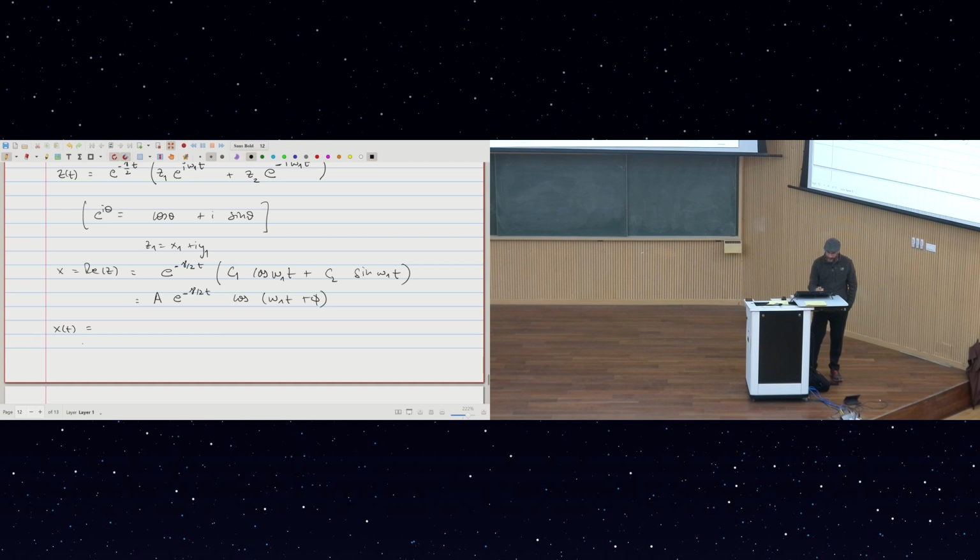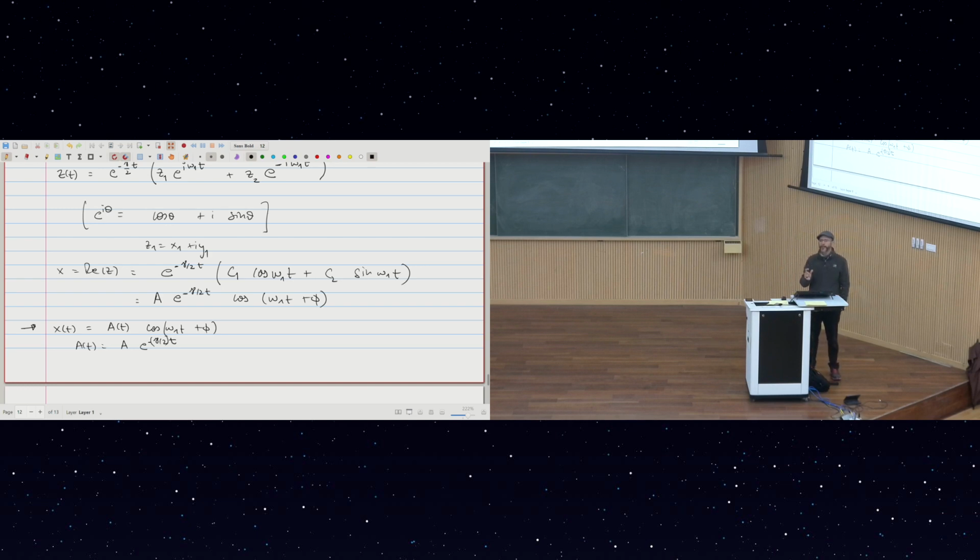Let's see what x as a function of time is. So x as a function of time has a periodic behavior, except unlike the last case where there was no damping, this time we have damping.